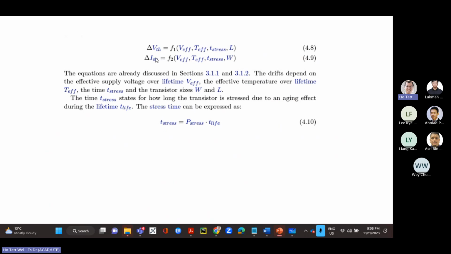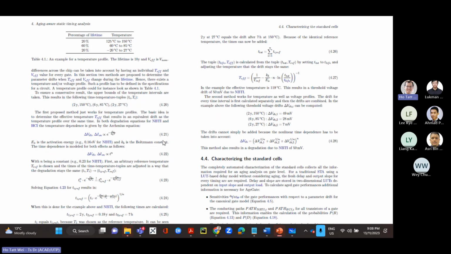That means the HCI effect will differ greatly between size 1, size 2, size 3, size 4 standard cells, whereas the BTI effects will get worse as you move from process type, 180 nanometers to 90 nanometers to 10 nanometers and so on.